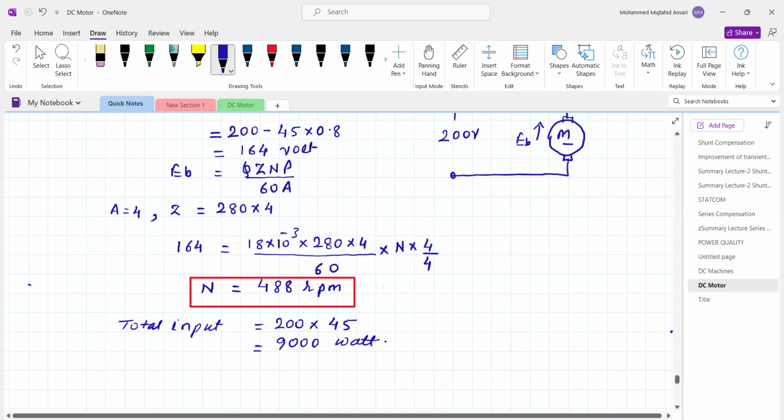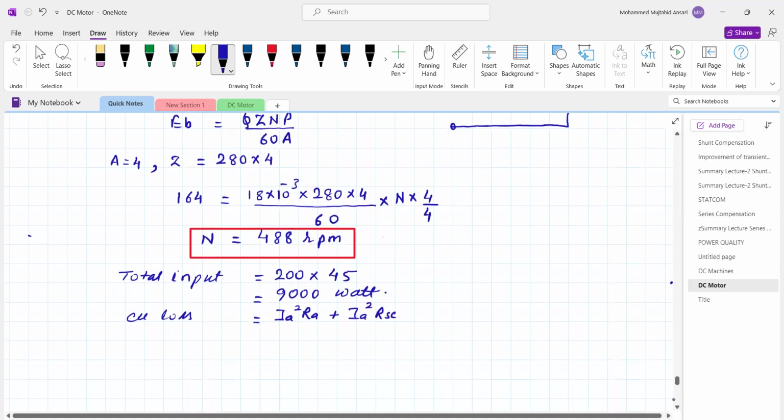Now, what is the copper loss? Cu loss is going to occur in the armature as well as the series field winding. So Ia square Ra plus Ia square Rse, since the current is the same.